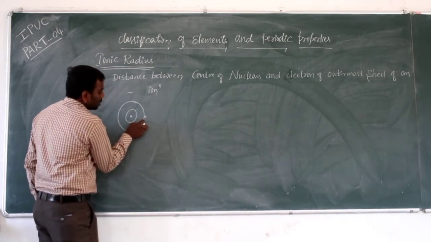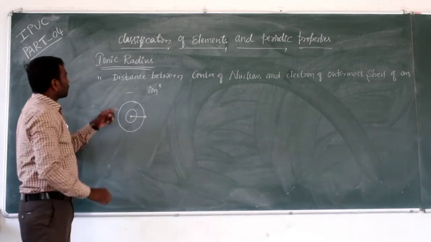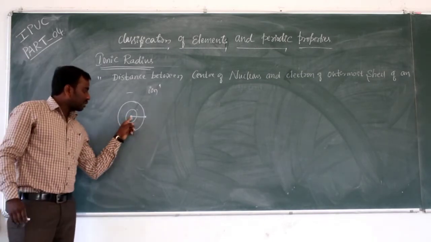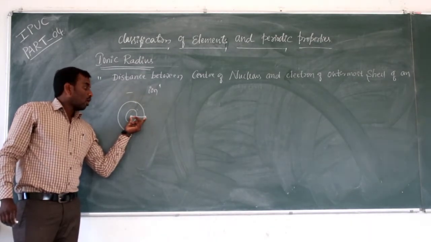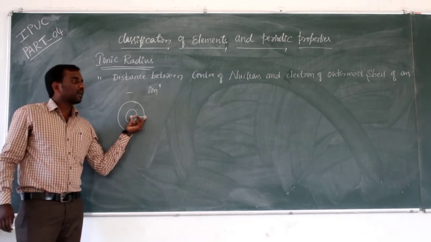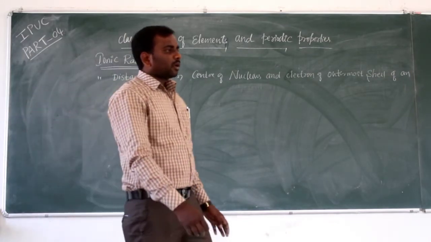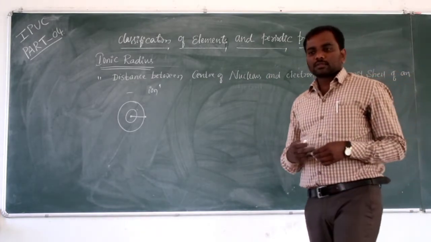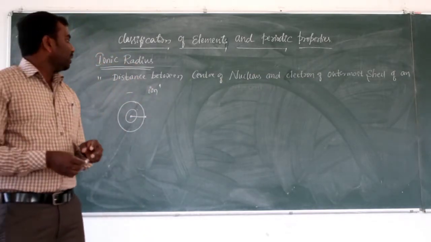This is the outermost shell, right? Valence shell of an ion. This distance is called as ionic radius. Is it clear? This is the center of nucleus, and the electron in the outermost shell there. The distance between these two, what do we call it? Ionic radius. Right?